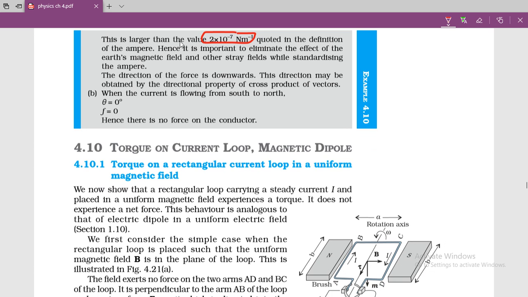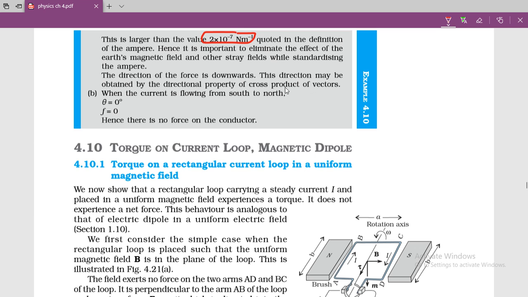This is larger than the value of 2 into 10 to the power minus 7 Newton per meter coded in the definition of the ampere. Hence it is important to eliminate the effect of the Earth's magnetic field and other stray fields while standardizing the ampere. The direction of force is downward. This direction may be obtained by directional property of cross product of the vector.